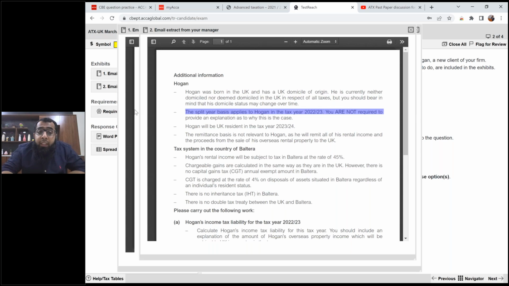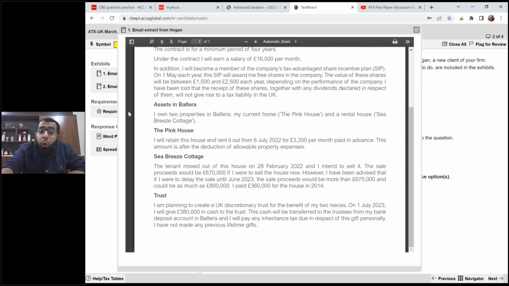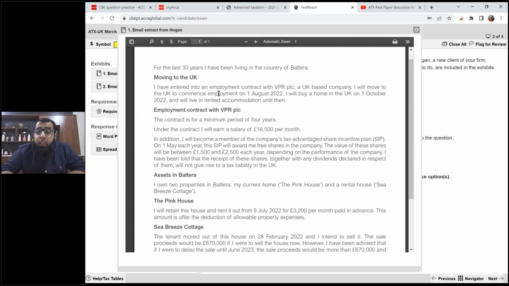Now, if you look at the situation of Hogan, I already highlighted to you people that Hogan will move to commence employment on 1st August 2022. So he will become resident on split year basis. He will become resident during the year. Okay, what do you mean by split year basis? Split year basis means that your residency status will change during the year.